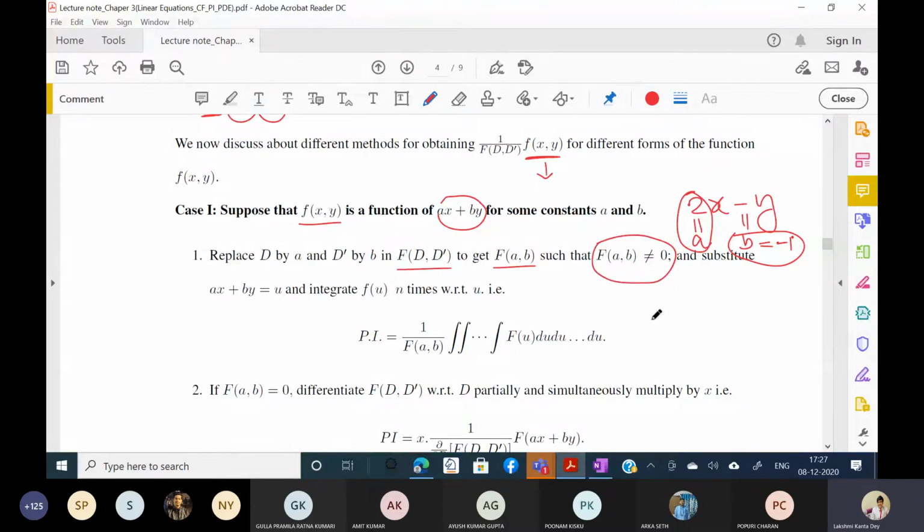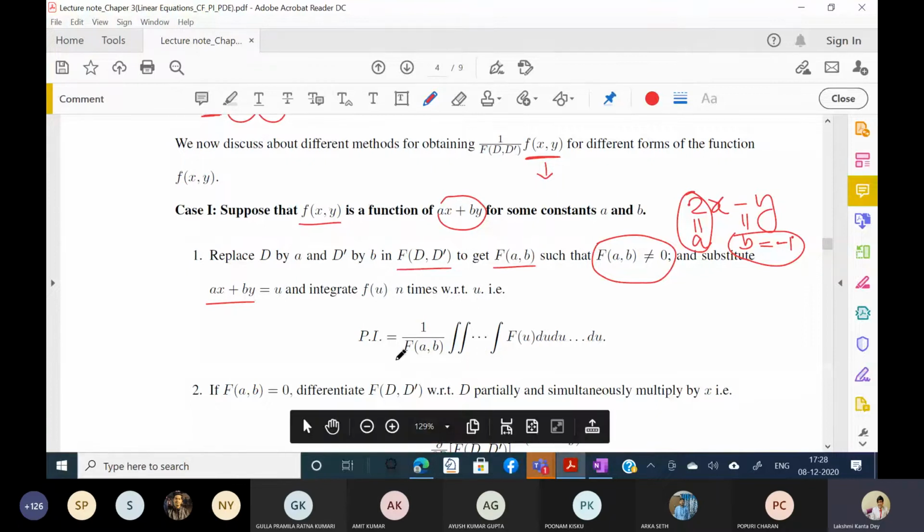Otherwise we have to apply the special case, which I will come to. Substitute ax plus by equal to u and integrate your F(u) n times with respect to u. That means ultimately, suppose your F(a,b) is non-zero, then you can do it.